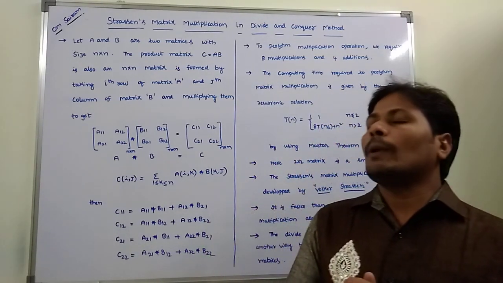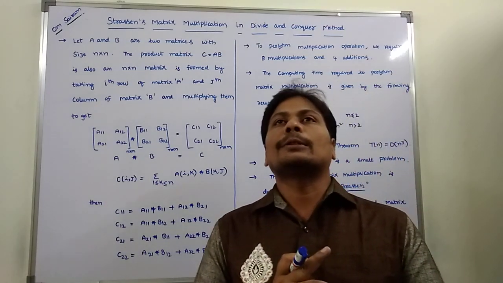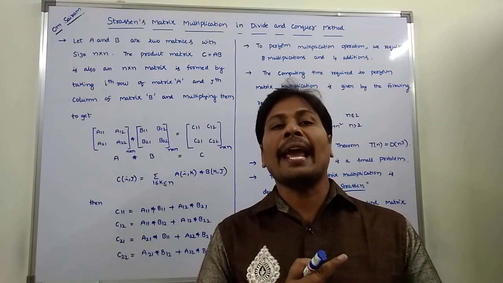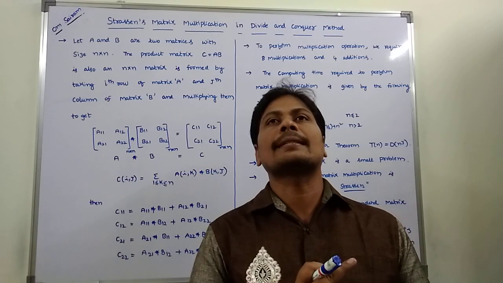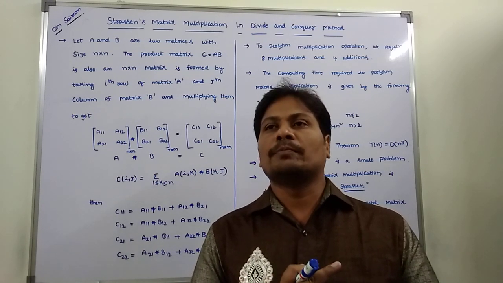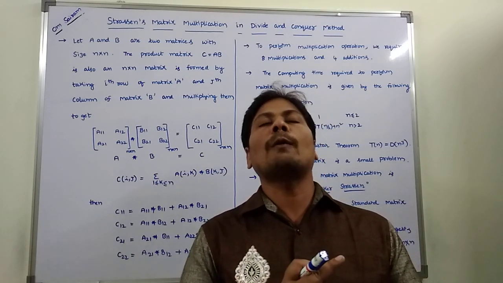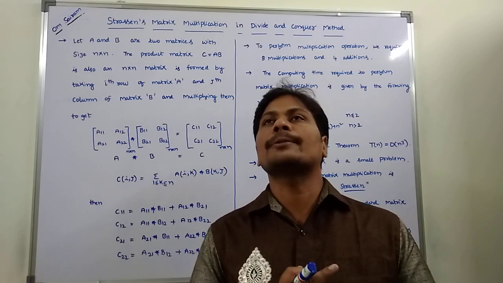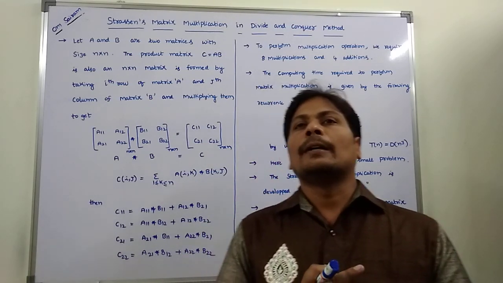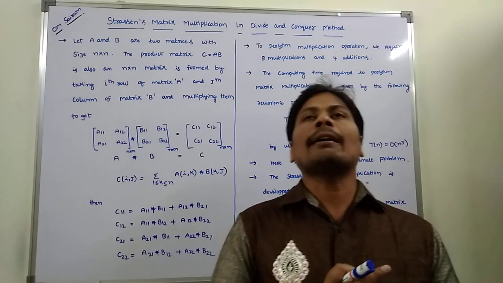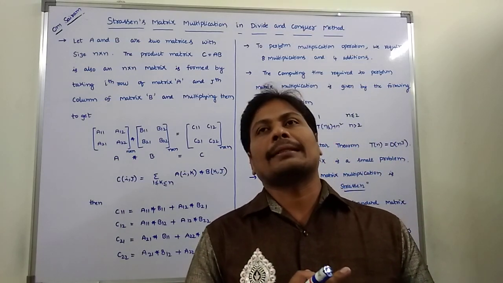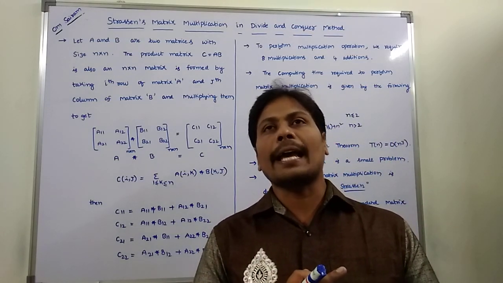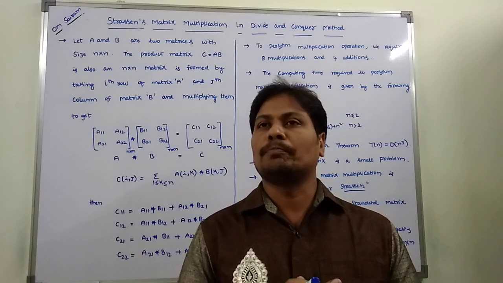Let us take two matrices A and B with the size n by n. Now we have to multiply these two matrices. Then we can get the resultant matrix, that is C, with the size n by n.